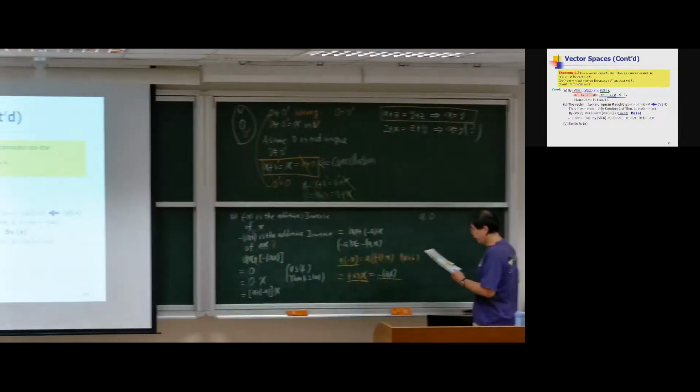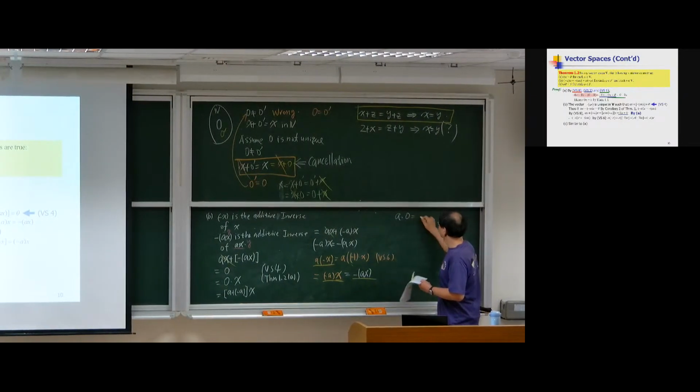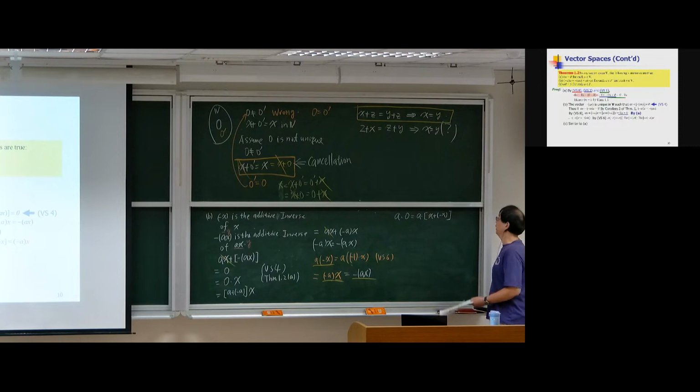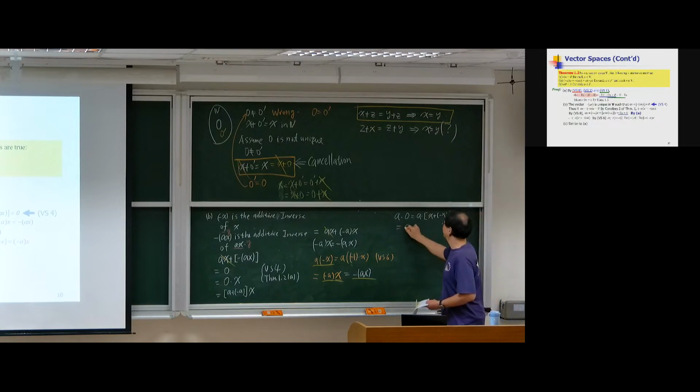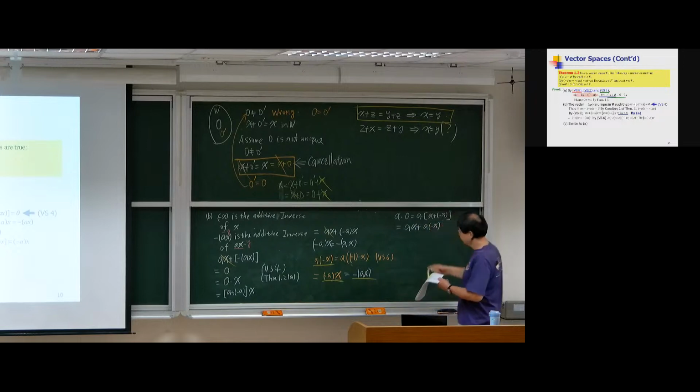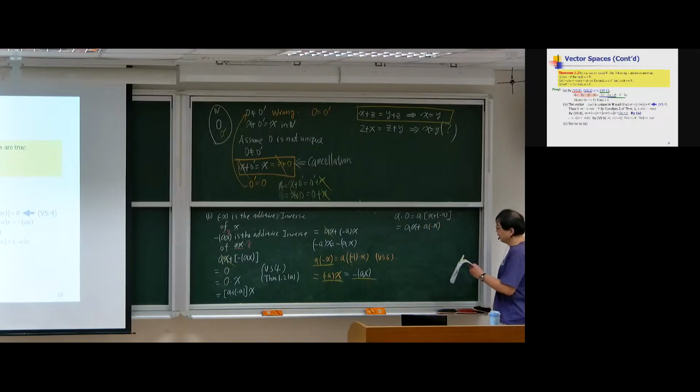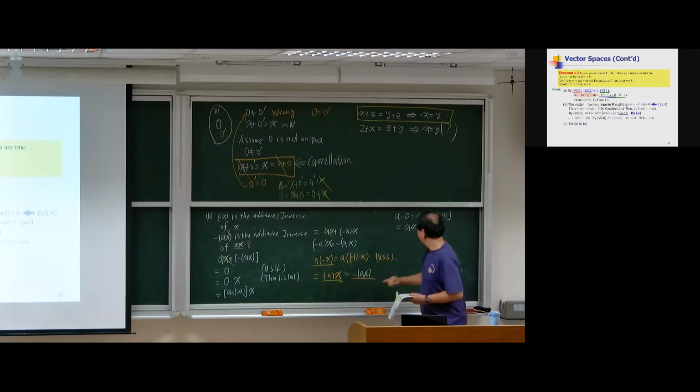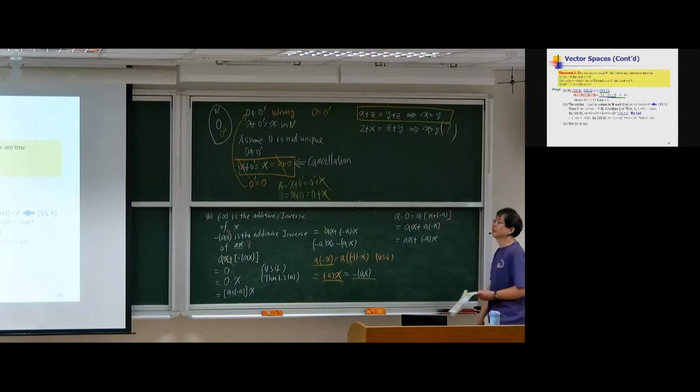So here I have a times 0 equals a times x plus its additive inverse. Okay, and by using the distribution law, ax plus a times minus x here. And then by using B here, it will be equal to ax plus minus ax here.